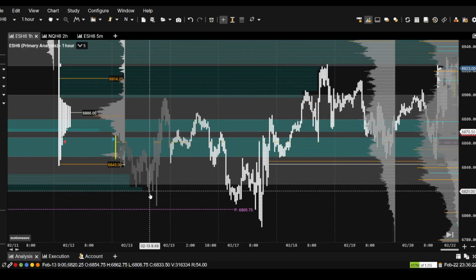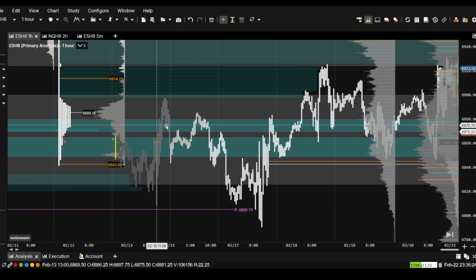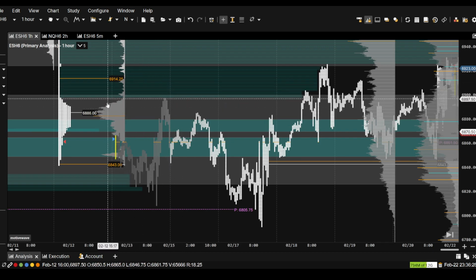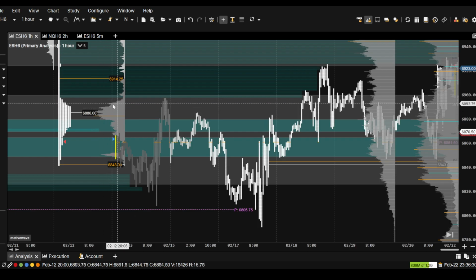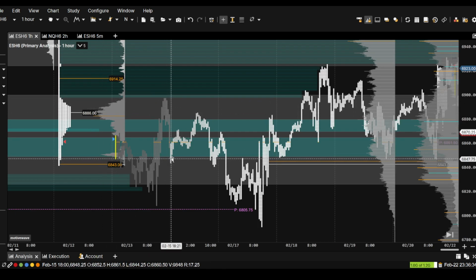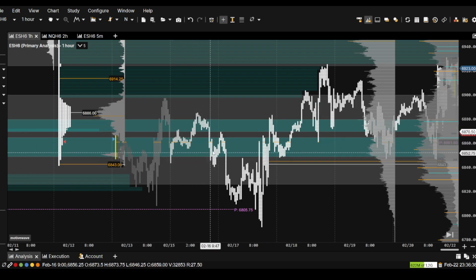Rejection, rejection, and come back to this high volume node edge. We reject here, reject here. We were accepting lower prices here.